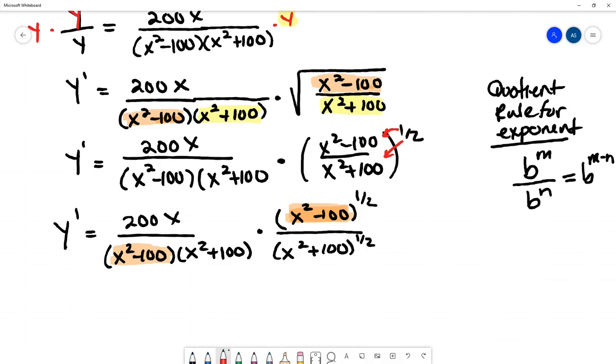So this exponent is to the 1/2 power, and this exponent is to the 1st power. If I want to combine those together, I'm going to do 1/2 minus 1, which is negative 1/2. So this will be the new exponent on x squared minus 100.